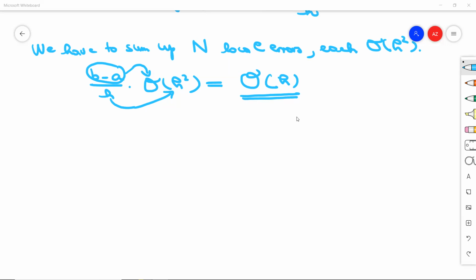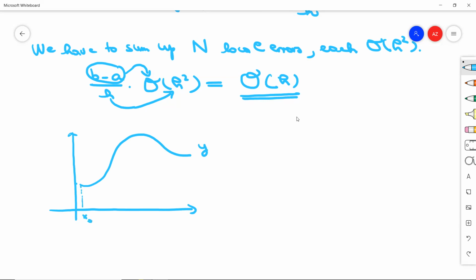So I will just draw again the picture we started with. Let's say that this is our function y, which is a solution to our initial problem. In Euler's method, what we did is only follow the tangent at the point x0, y0 for some step size, to x0 plus h.